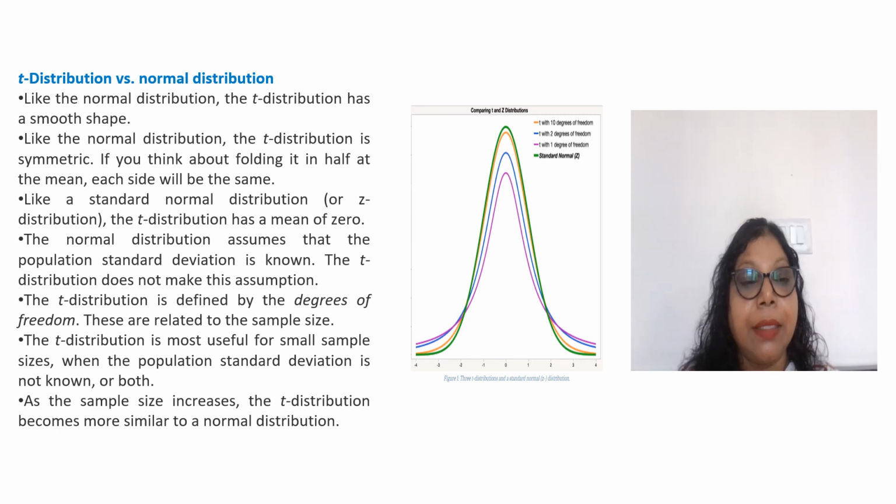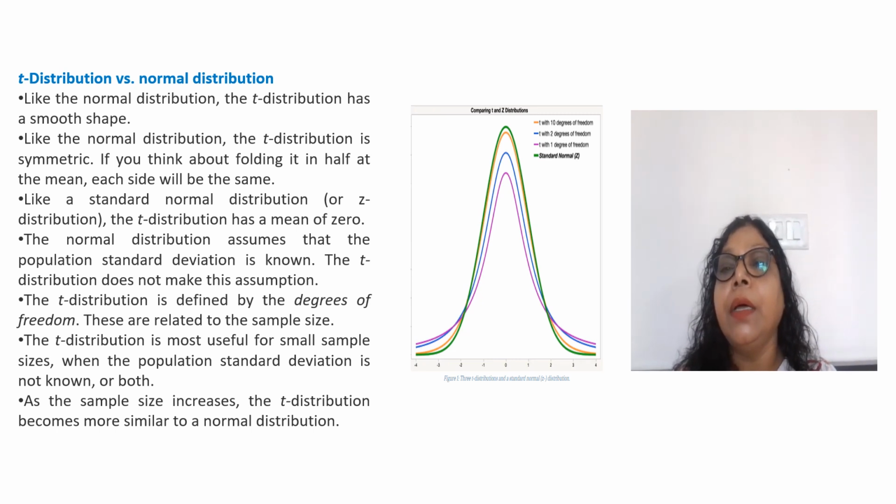We can see that as the sample size increases, the t-distribution becomes more similar to a normal distribution. Considering the graph on the screen, you can compare the three t-distributions with a normal distribution.